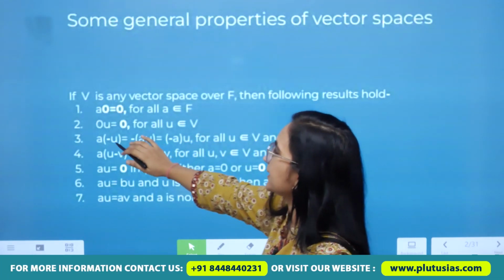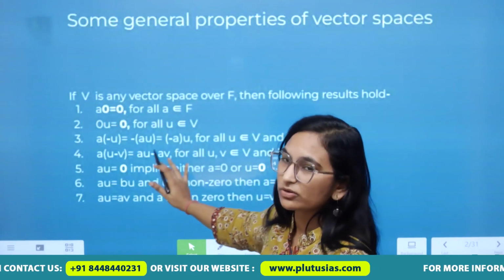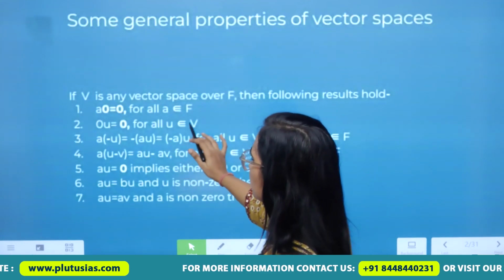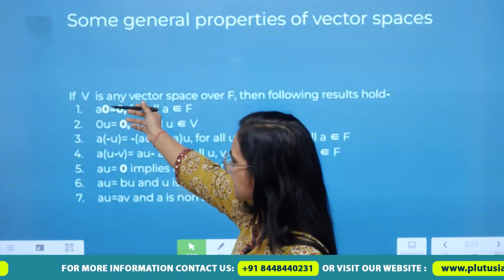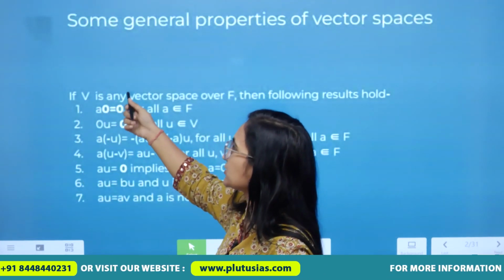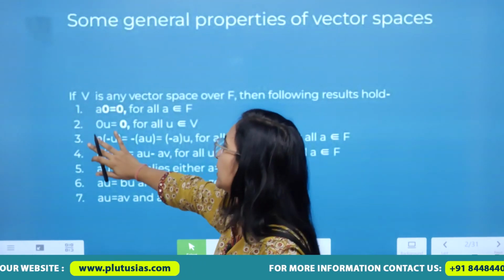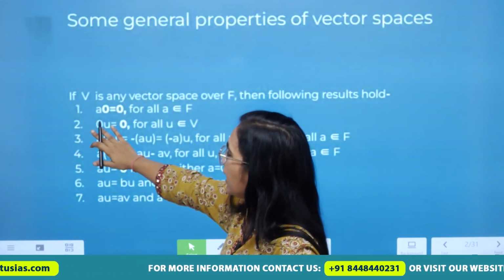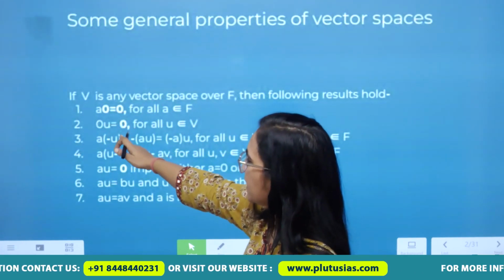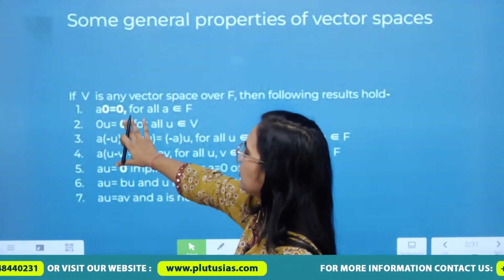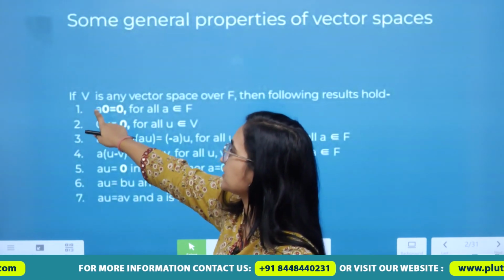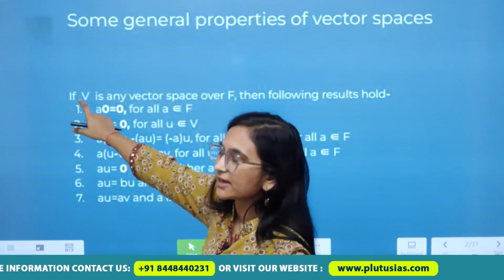A0 is equal to 0 for all A belonging to F, where F is a field, and 0 into U is equal to 0 for all U belonging to V. That is, if we multiply any scalar of the field F with the identity element of V, then the result would be equal to 0 in V. And if we multiply 0 of F, that is the additive identity of F, with any element of our vector space V, then also we get 0, and that 0 also belongs to the vector space, and this is due to the reason that V is externally operated.